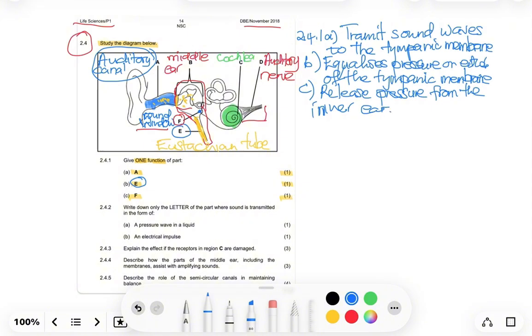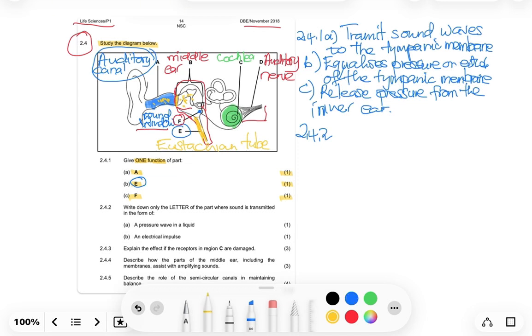Okay, so that's our question 2.4.1. Now the next question that we're going to answer is question 2.4.2. Okay, let me just use the same color.